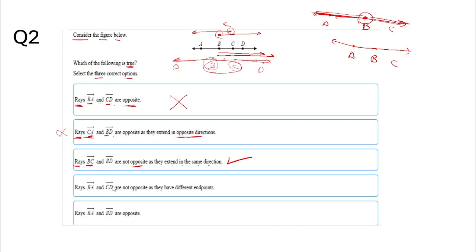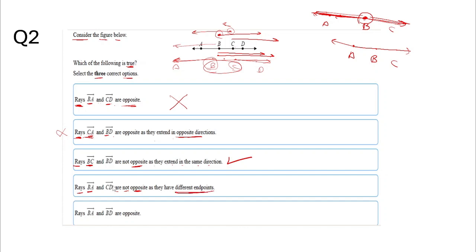Now, rays PA and CD are not opposite. Why? As they have different endpoints.